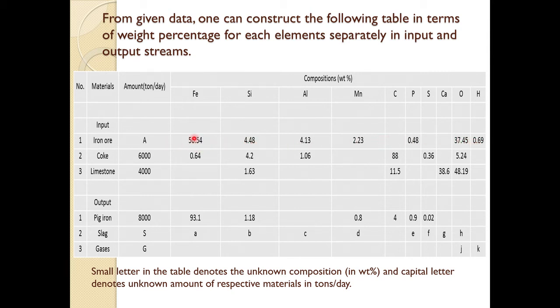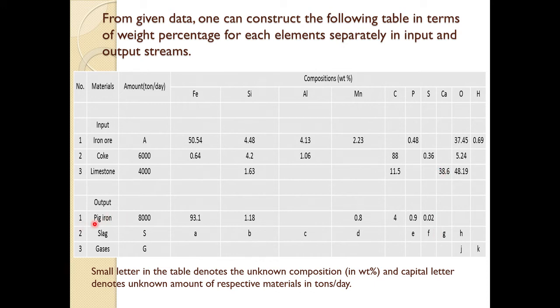So, in iron ore you have iron, silica, alumina, manganese, phosphorus, oxygen and hydrogen, but in coke you are having some sulfur, so sulfur is also coming, and in limestone you have calcium, calcium is also coming over here.